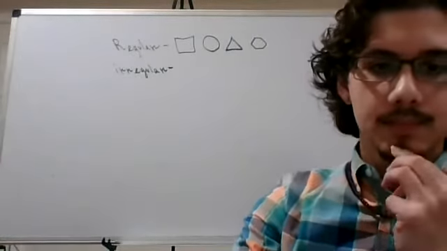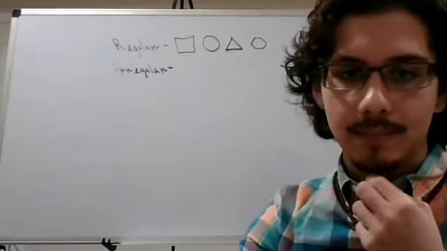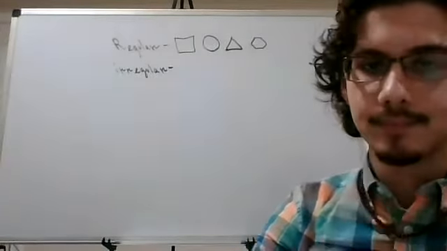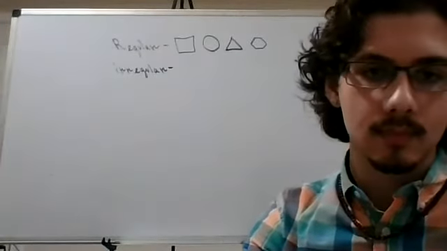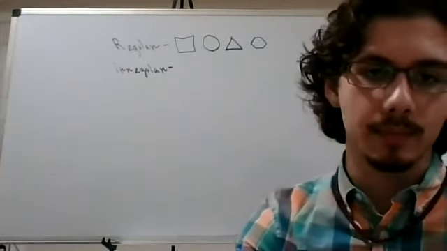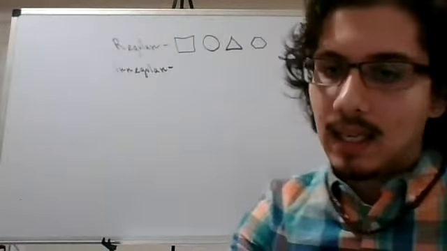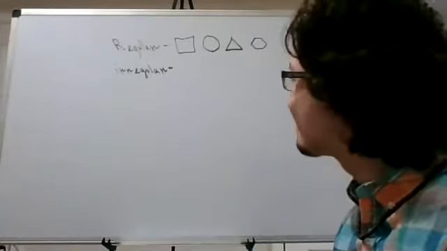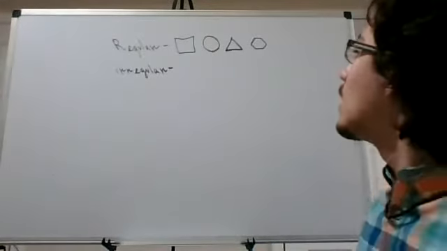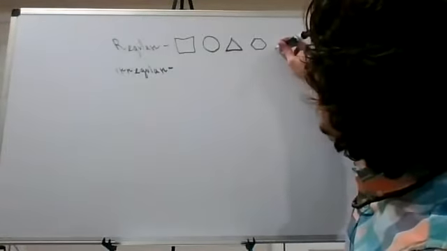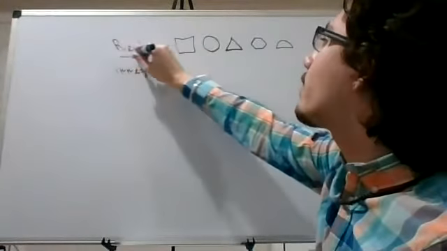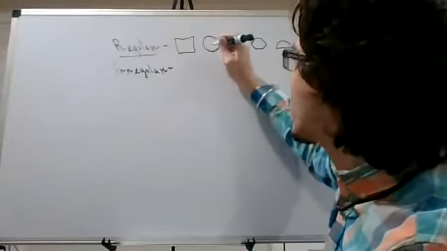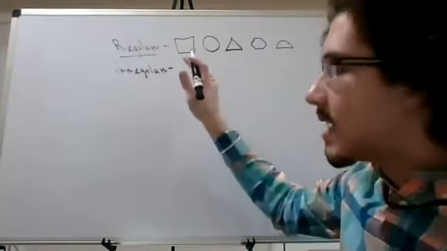Sir, half of a circle? You're kind of on the right track. So a half circle would be somewhat more of a regular shape because a regular shape simply refers to it being symmetrical.